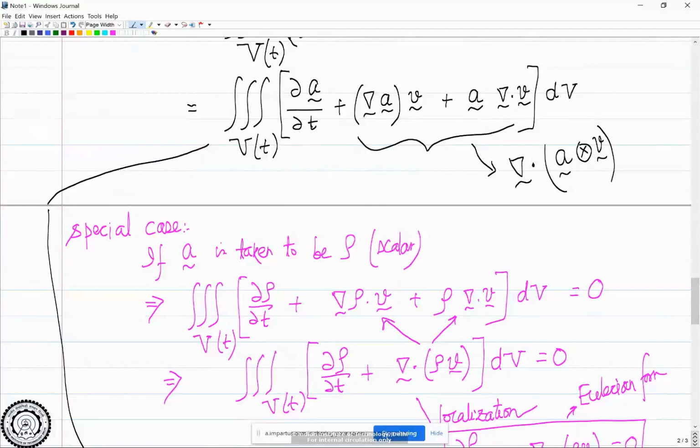And how can you prove it? Just use indicial notation, and then you can prove what you have there. So I'll just write here, you can prove using index notation.